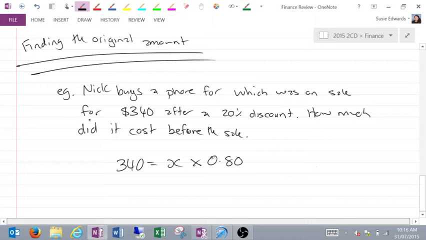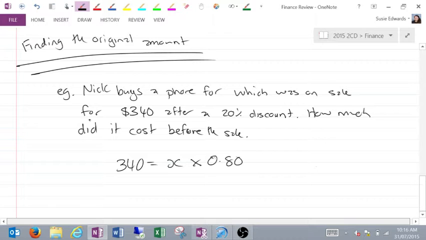So if we're trying to go the other way around, we're trying to find out what x is, what do I actually have to do? What do I have to move? I will keep x by itself, and so therefore I have to move the 0.8. What's it doing to the x right now? It's multiplying.